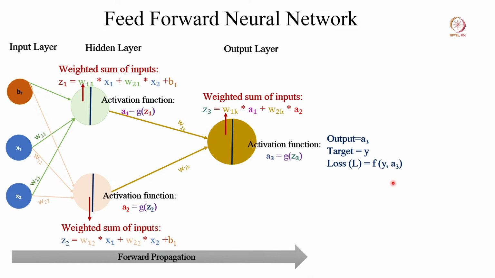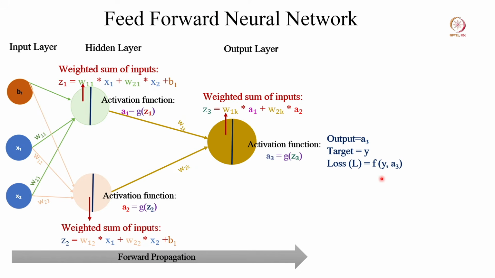Now, what is the main aim of a neural network? The main aim is, when we are predicting something, whether we are predicting the class of an image, or the weather, or anything, we want the prediction to be very, very close to the actual ground truth value.